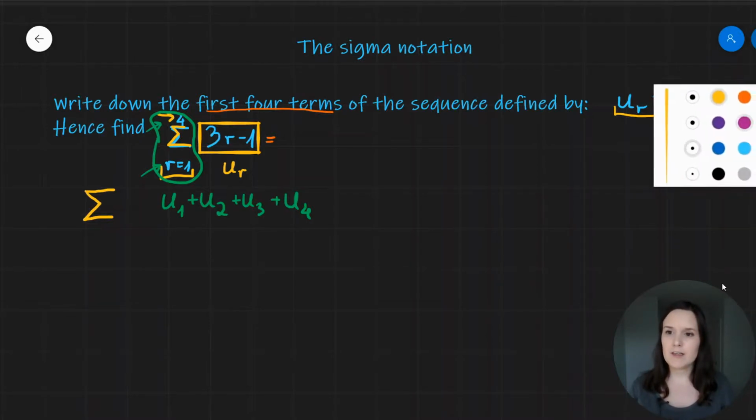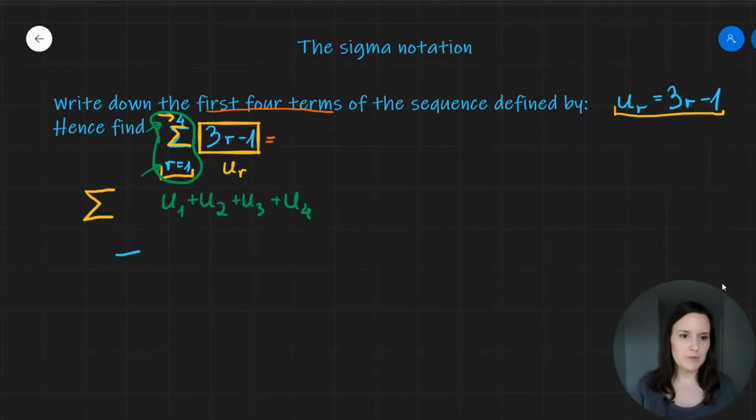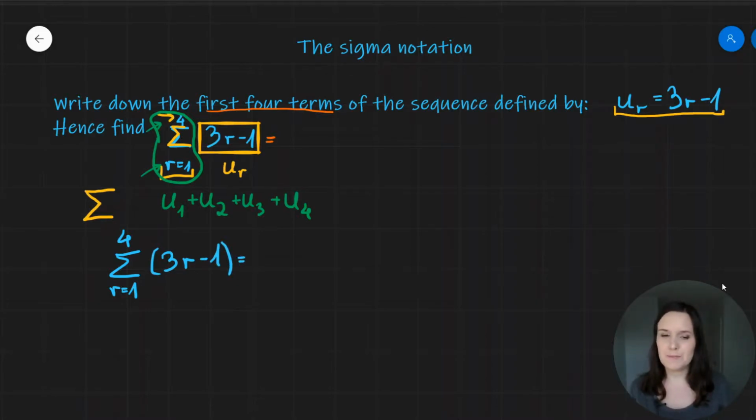Let me write it clearly one more time. We need the sum from the first term till the fourth one of the sequence given by the formula 3r minus 1. So let's do it.